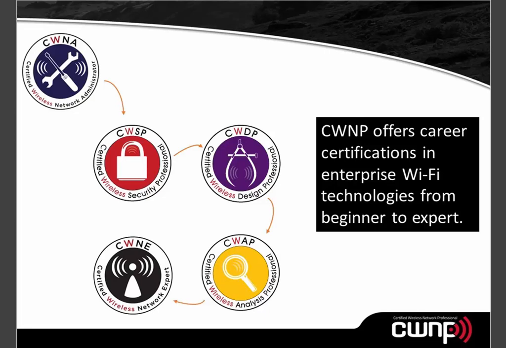So rather than just jumping into CWNA and biting the big bullet, they can instead take a look at CWTS and go through that process instead, and then they can move on to CWNA later. So it's a good optional starting point, but it is not required. You can start at the CWNA and then move on through the professional level certifications. Of course, for more information about all of our certifications, you can visit the CWNP.com website and click on certifications.